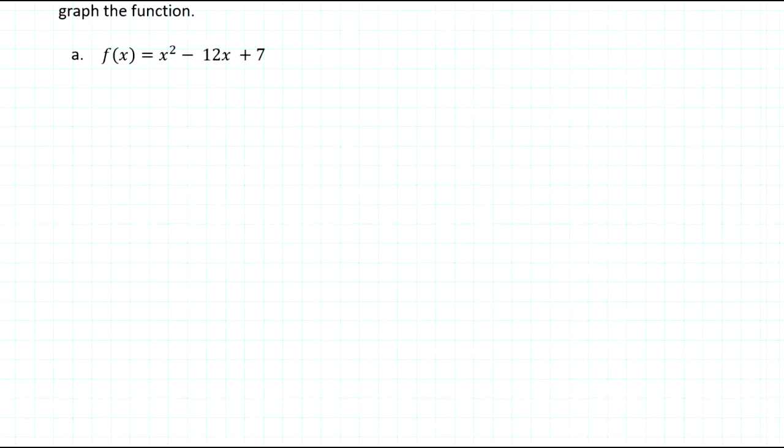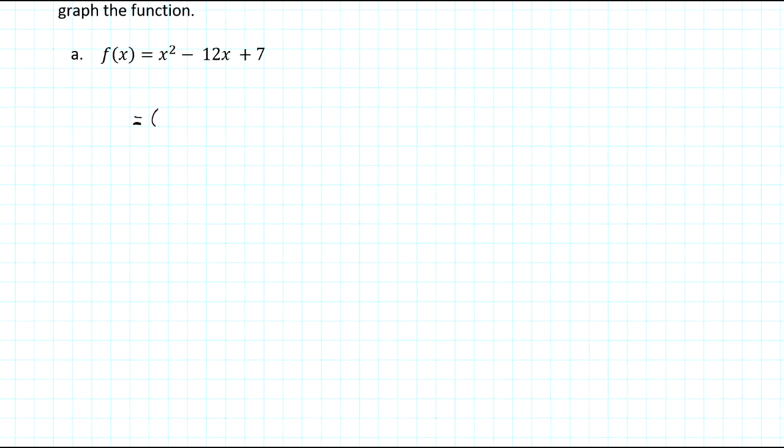So I've got f of x here, and I'm just going to start by converting it to vertex form real quick. Nice thing, this one has a leading coefficient of 1, so I don't have to worry about a bunch of extra brackets here. I can just write x minus 6 quantity squared, right? Half of minus 12 is minus 6.